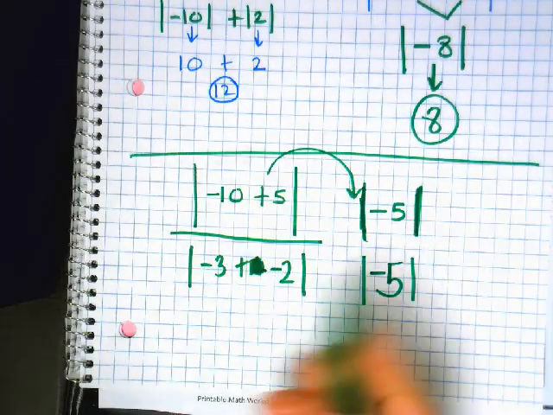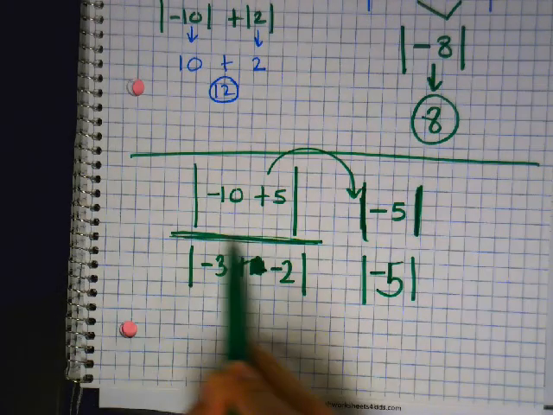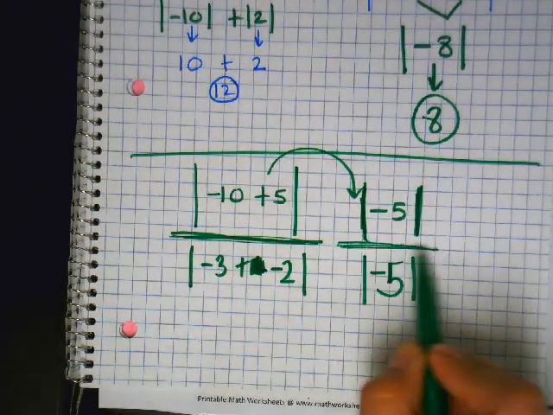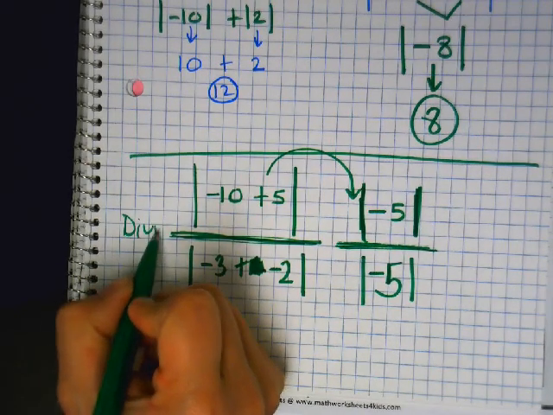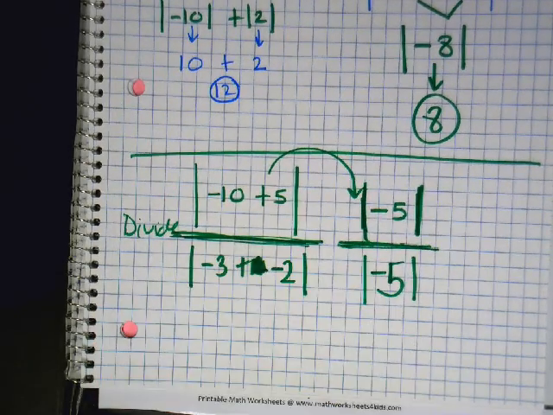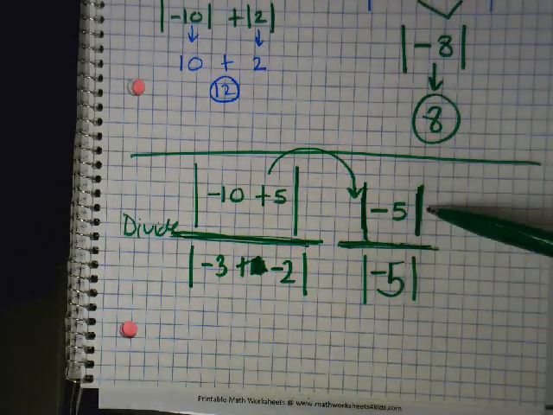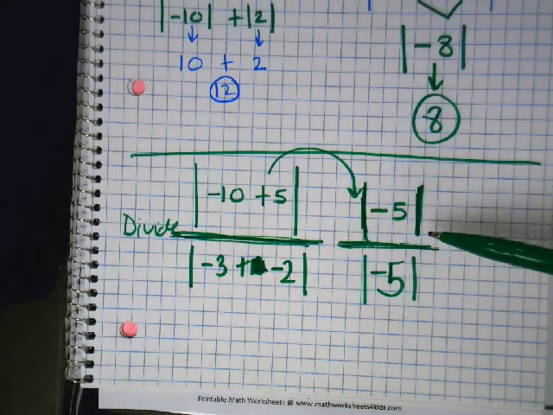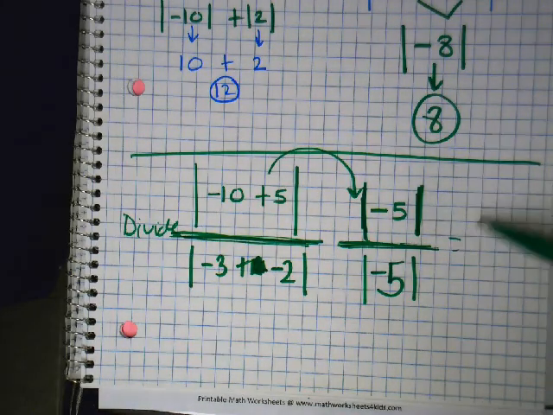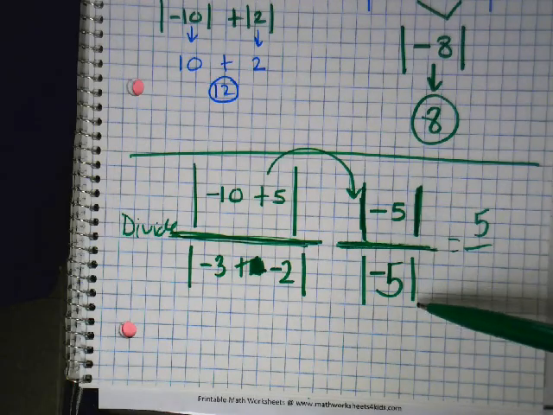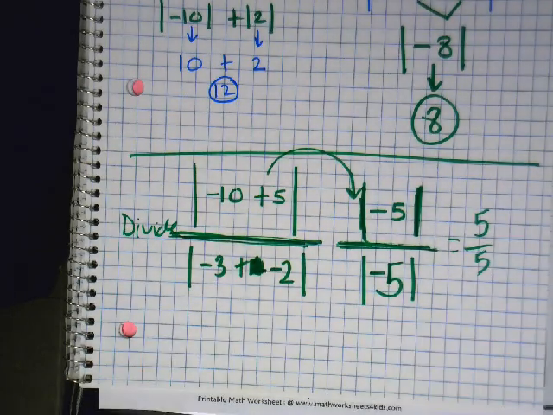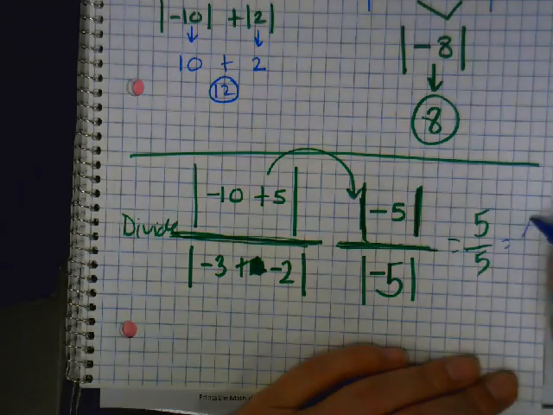Now, what does this line mean in math? This means division. Now, I'm not ready to divide yet, because I've got to take them out of the bars. What's the absolute value of negative 5? 5. Now, what do I have left over? 5 divided by 5? 1. So the real answer is 1.